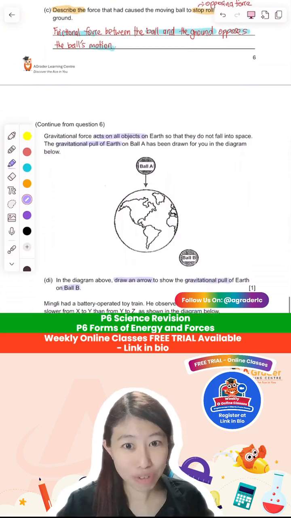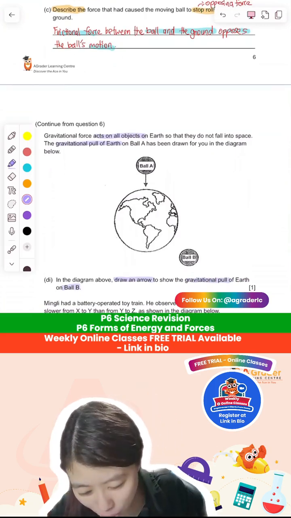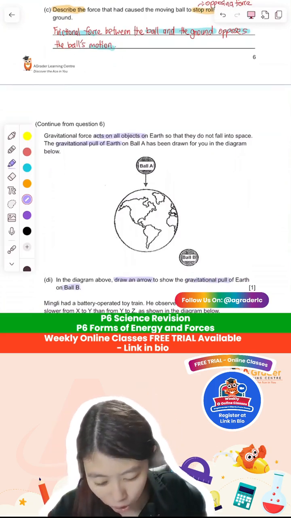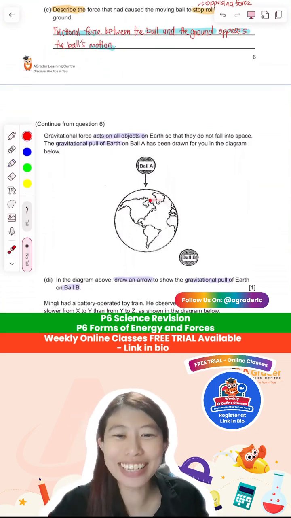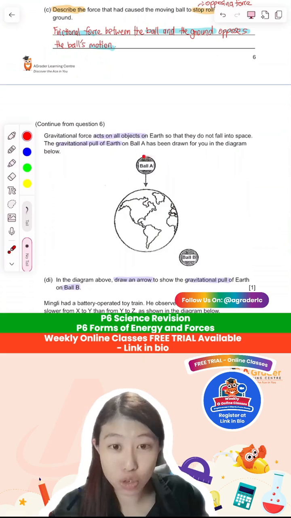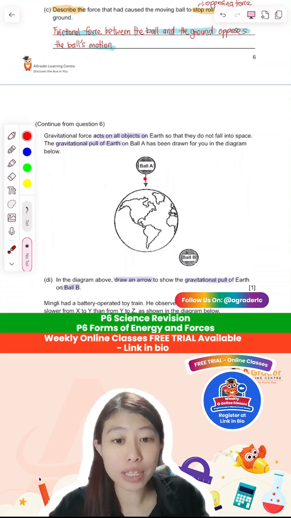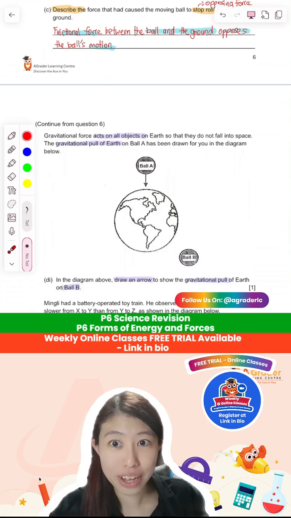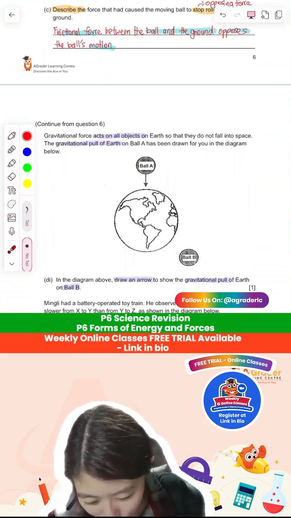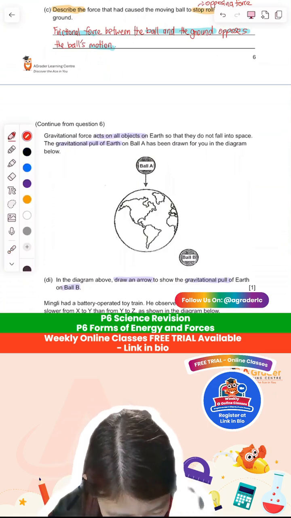Those of you who don't know, this is Earth. Ball A has been drawn. Always remember it's a pulling force that Earth exerts, so it can pull objects towards itself. So I give you 4 options. Option number 1.